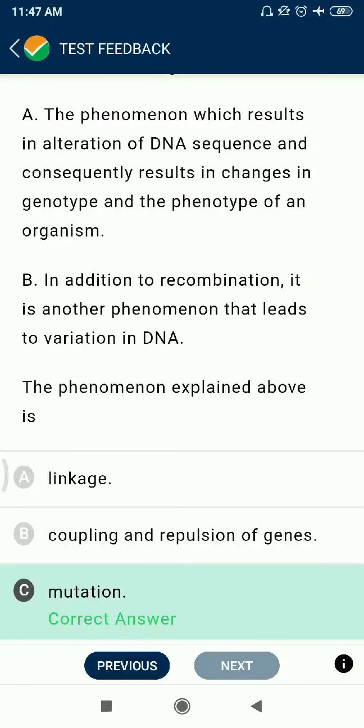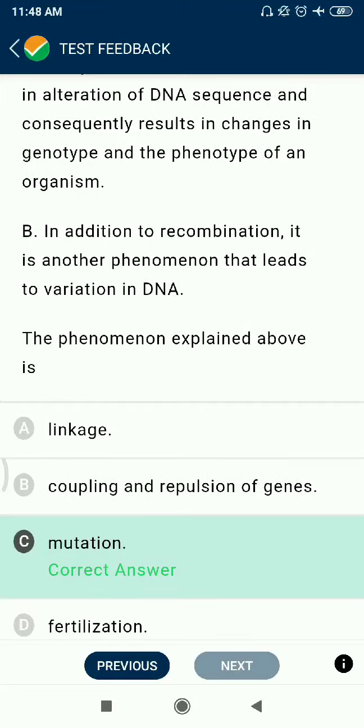The phenomena which result in alterations of DNA sequence and consequently result in the changes in the genotype and phenotype of an organism. Okay, in addition to recombination, it is another phenomena that leads to variations in DNA, यानी कि mutations को शो करता है.